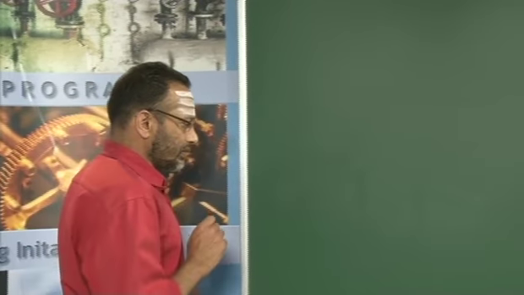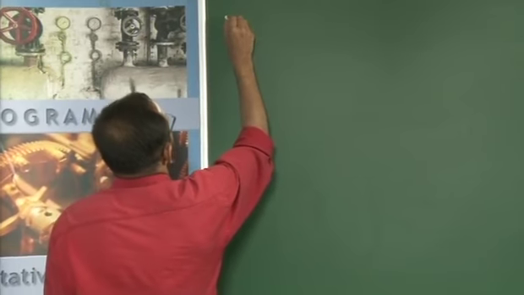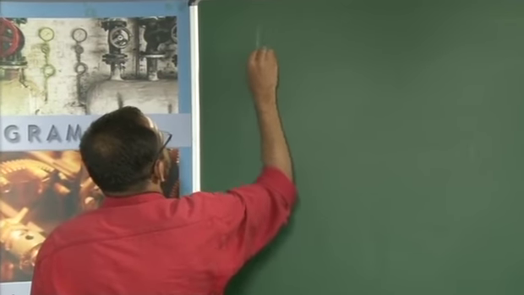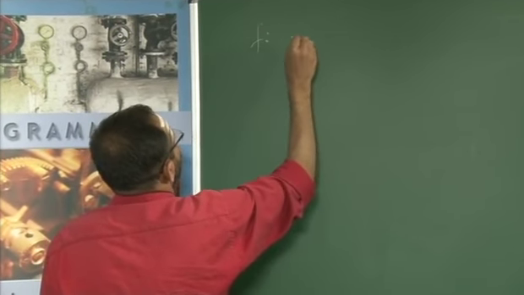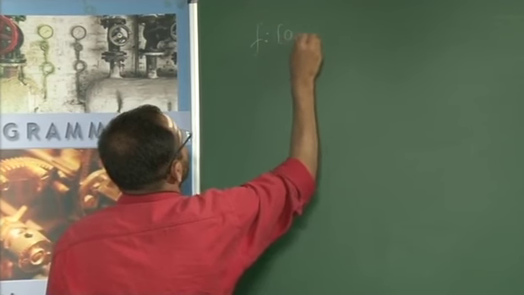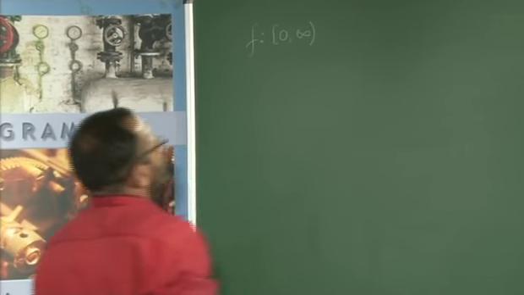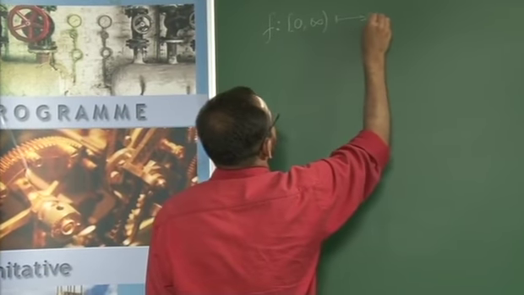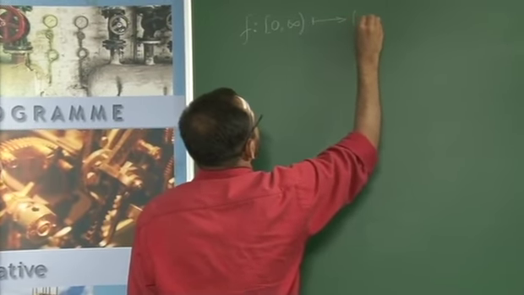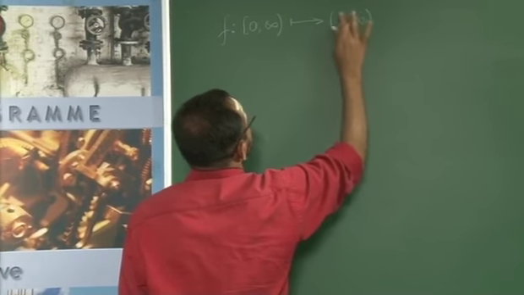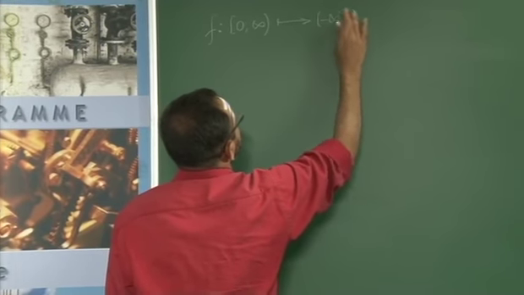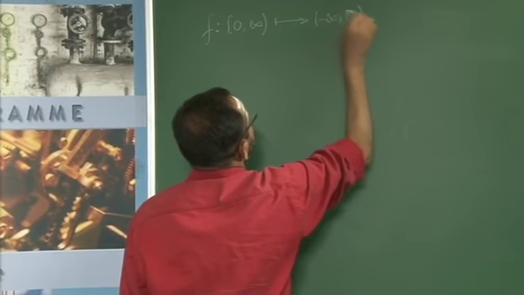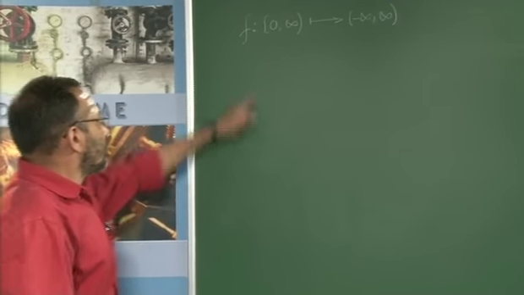For that, let us consider a signal, which are typically functions. If I have a function, I will call it f. It goes from 0 to infinity, which means it takes non-negative values.